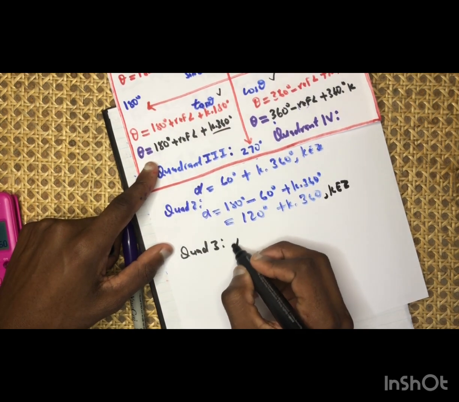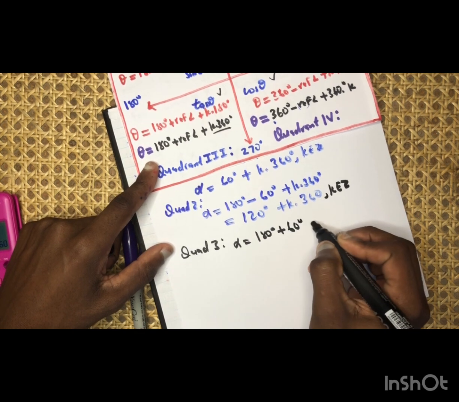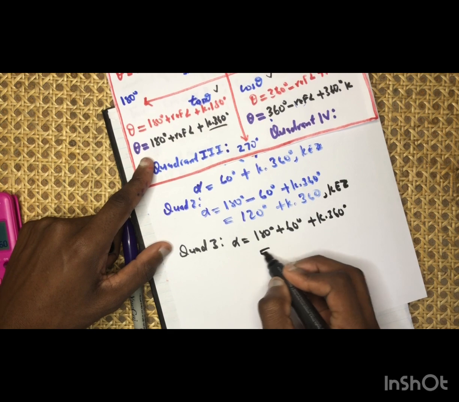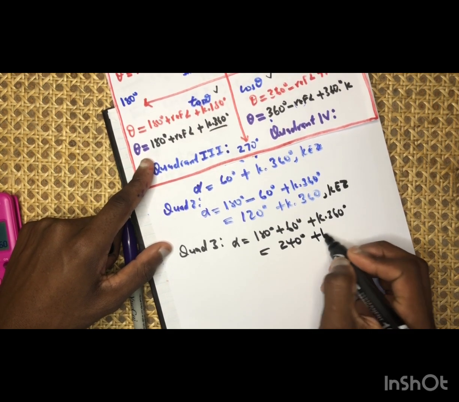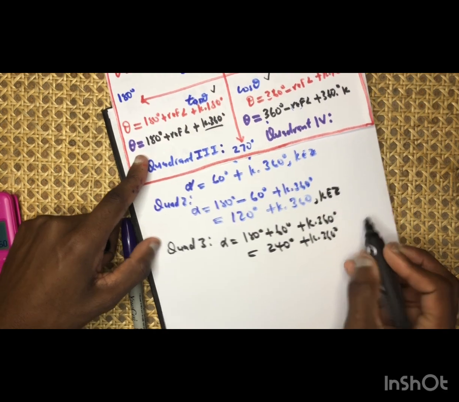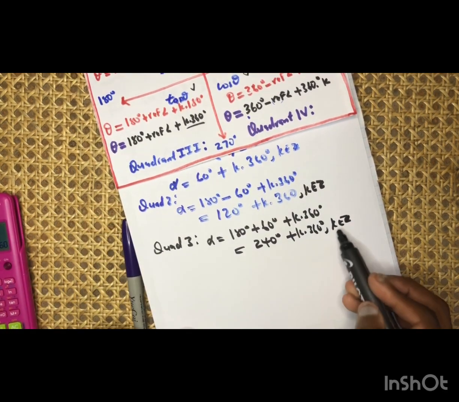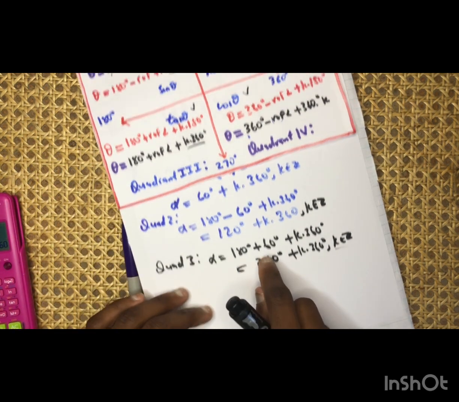So alpha is equal to 180 plus 60 plus k times 360 degrees. So this one is going to be 240 degrees plus k times 360 degrees, where k is an element of integers. Don't forget this. Understand? So these are your solutions, guys.